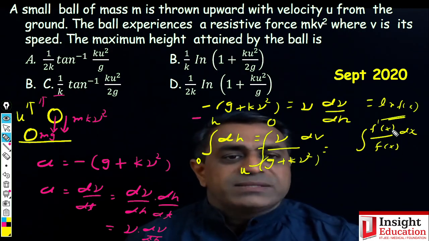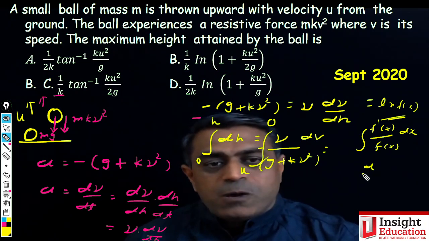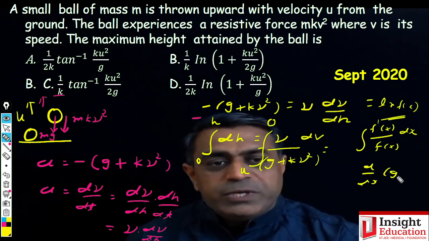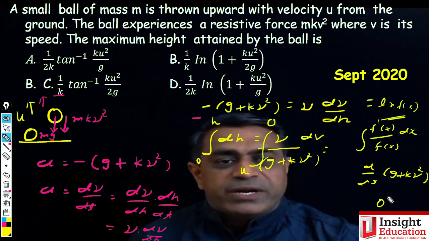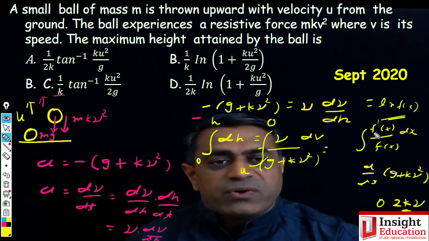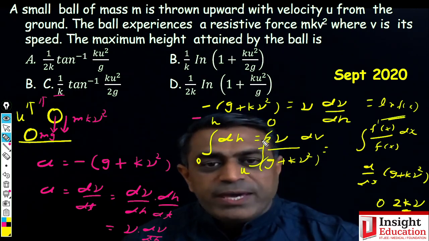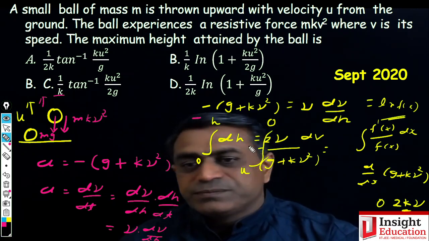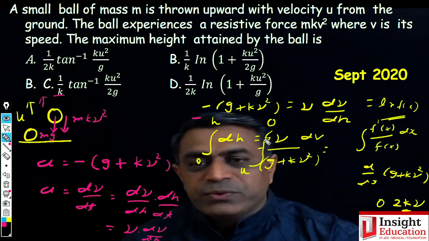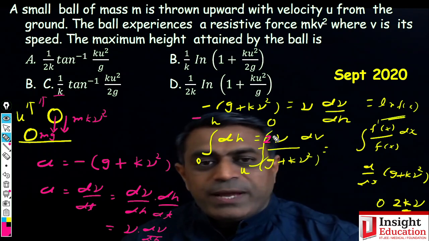Now differentiation of g plus kv square: g is constant, v square gives 2kv. So for f dash I need 2kv. So multiply it by 2k and divide it by 2k.